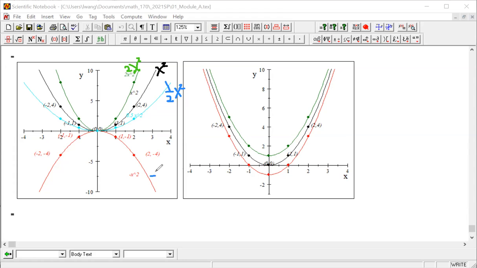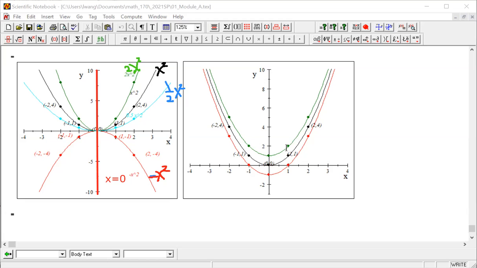And the red, of course, is negative x squared. All four are symmetrical with respect to the y-axis. And the equation for the y-axis, this line, which we call the line of symmetry, is x equals 0.